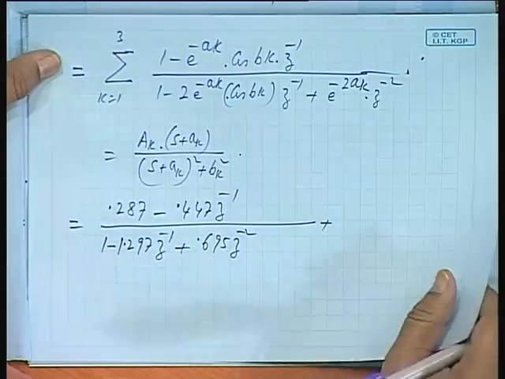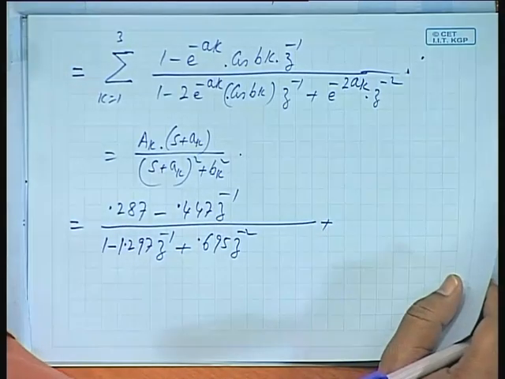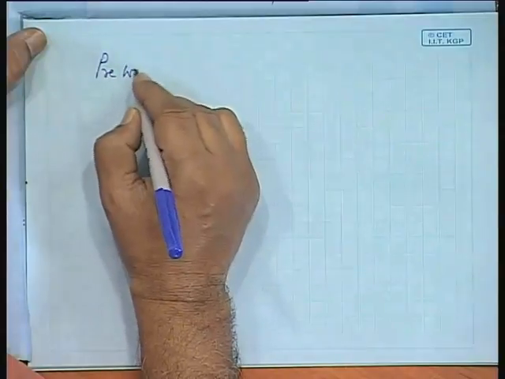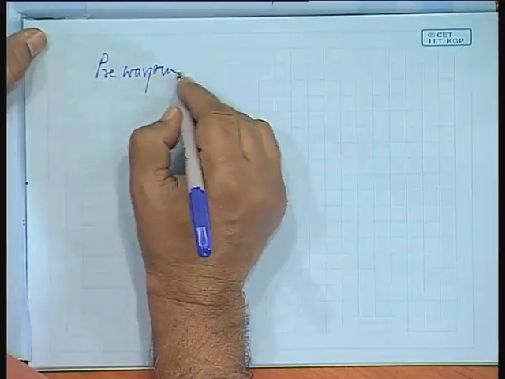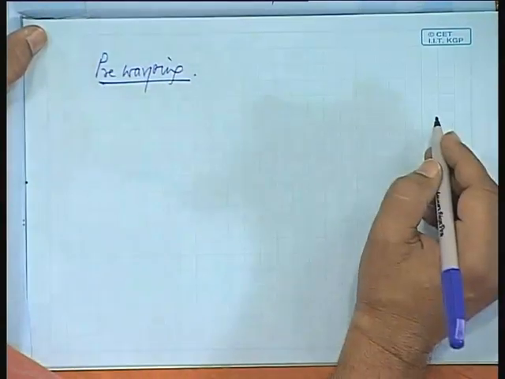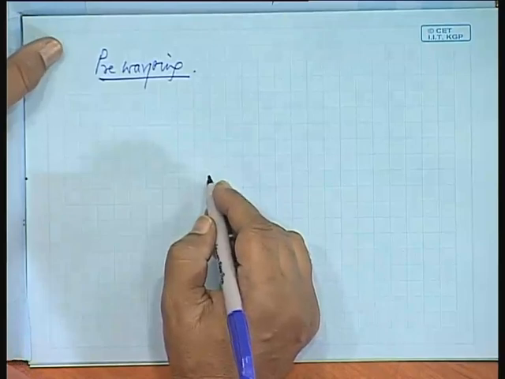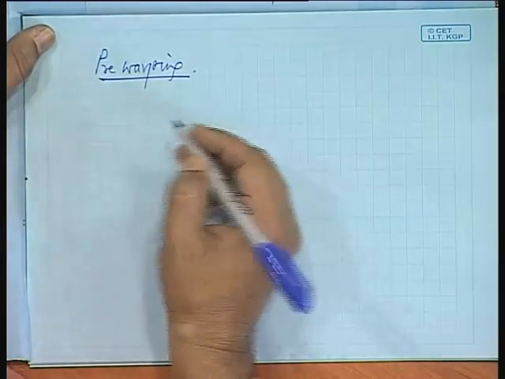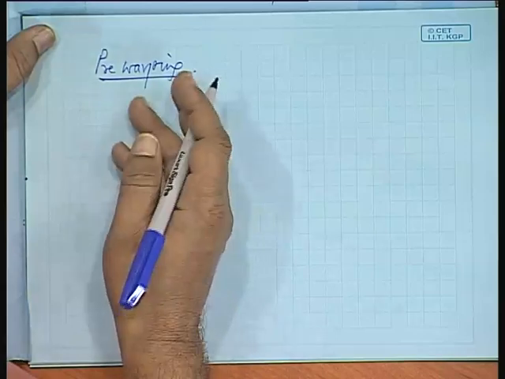Now, the same problem, if we go for bilinear transformation, let us see what will be the effect. Now, in case of bilinear transformation, we need pre-warping. All right. So, we change the specification for pre-warping.